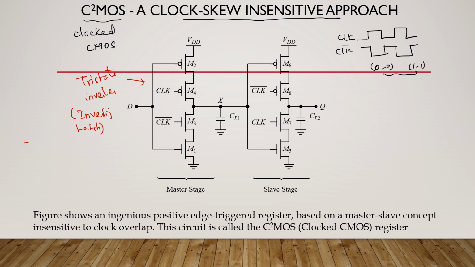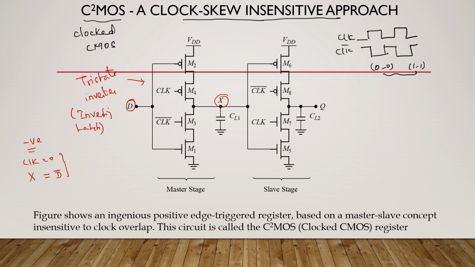For example, if you are taking a negative latch, what happens when my clock is 0? At that time my output equals input. Here my input is D, my output is X. So here X equals D bar. It is an inverting latch. I told you, when my clock is 0, my output equals the inversion of the input. So this is called a negative latch.